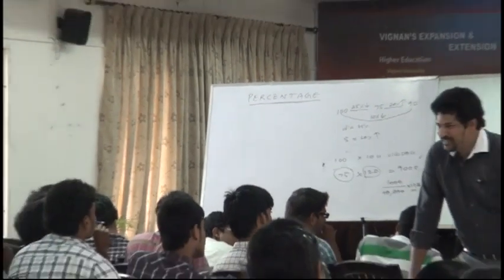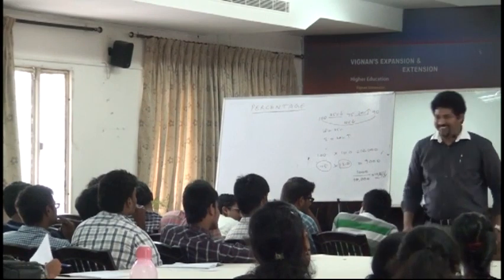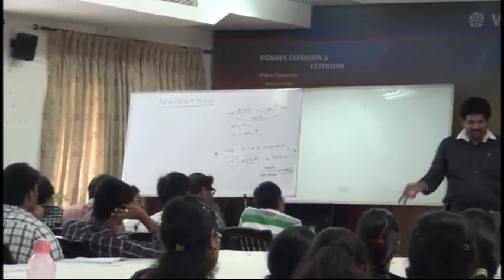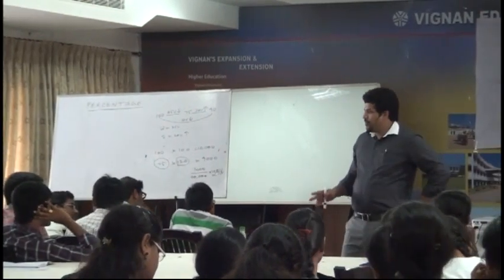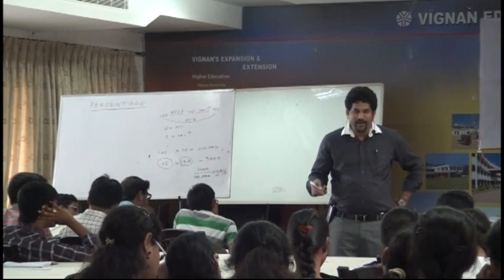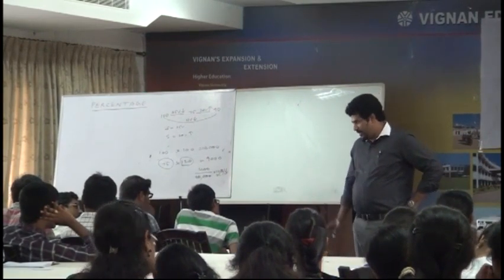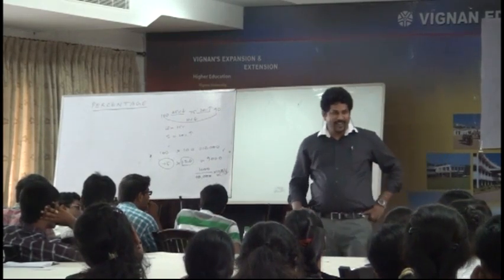After every 10 minutes of work, he takes a break for 5 minutes. Even thinking is considered work. So after every 10 minutes of work, he takes a break for 5 minutes. If he works like this, in 1 hour, how many lines can he type?